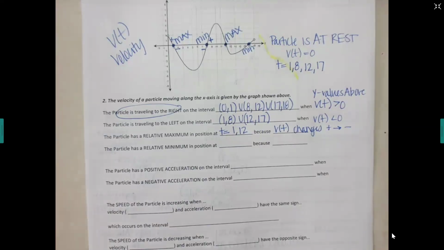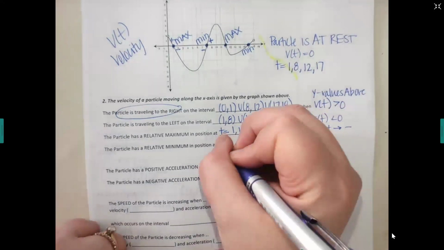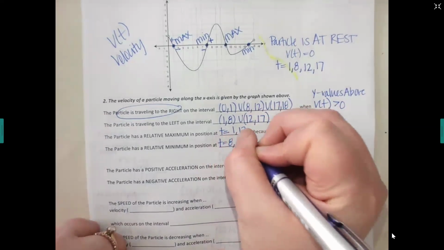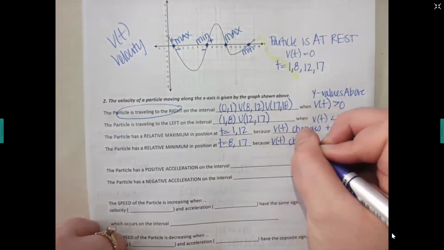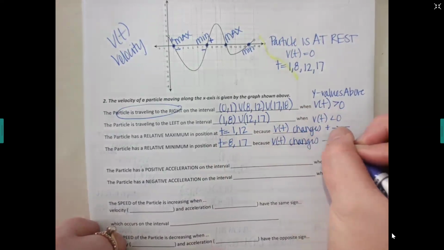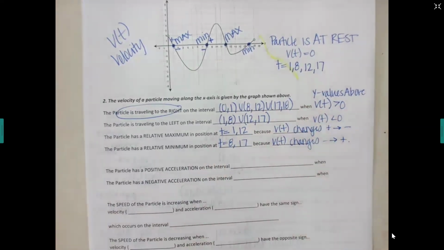Where did my mins occur? What numbers? 8 and 17. And how did my velocity change? Negative to positive. Okay, and remember, this is how you find relative mins and maxes on any graph. This just happens to be a position velocity acceleration.